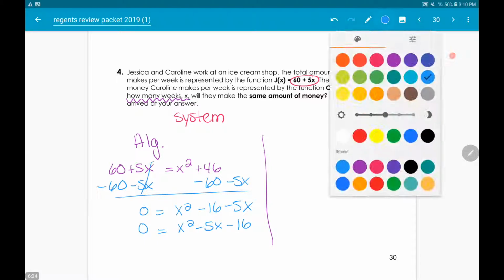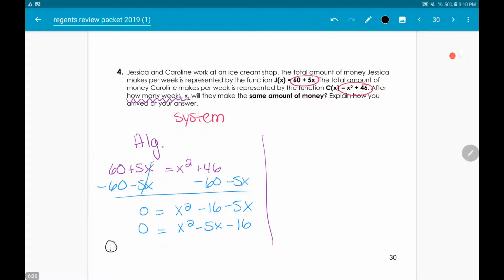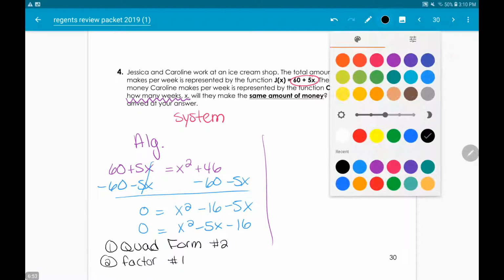And now from this point, I can choose to either solve using the quadratic formula, just like we did in number 2, or factoring like we did in number 1. Okay, so that's how I do it algebraically. So if it says to do it algebraically, that's the way to go.